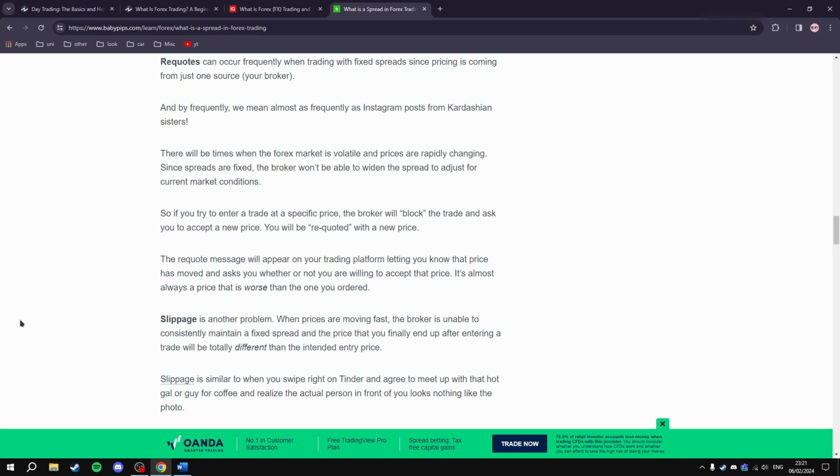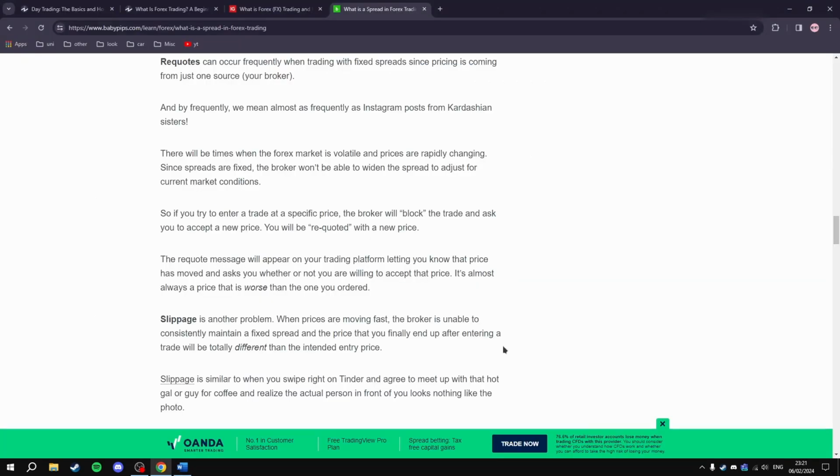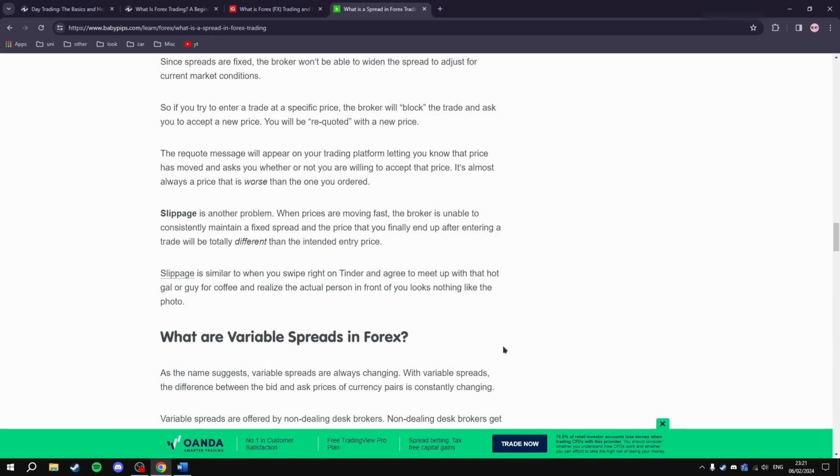Slippage is another problem. When prices are moving fast, the broker is unable to consistently maintain a fixed spread, and the price that you finally end up with after entering a trade will be totally different than the intended entry price.